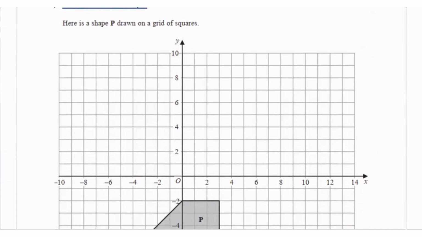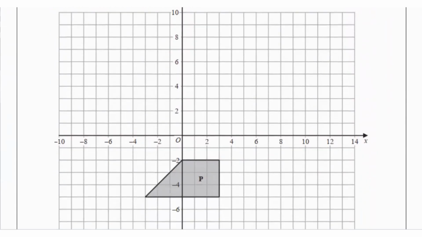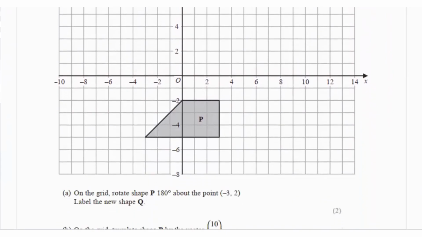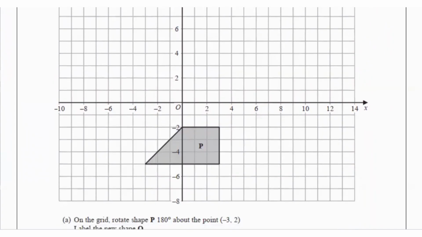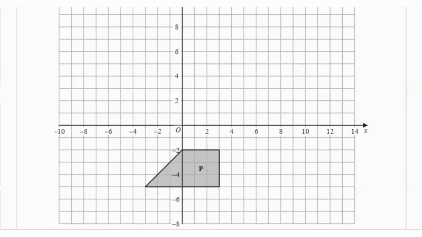Then it says here's a shape P drawn on a grid of squares. On the grid, rotate shape P 180 degrees about the point (-3, 2), and label the new shape Q. So (-3, 2) is this point.